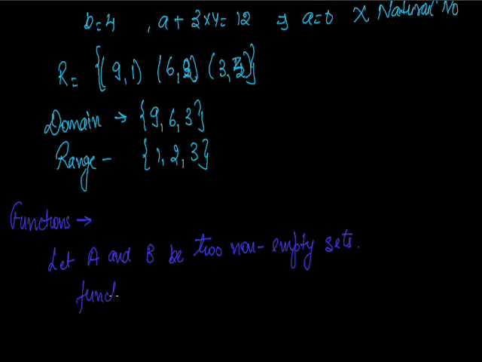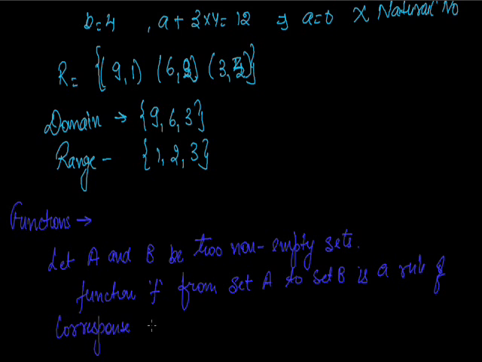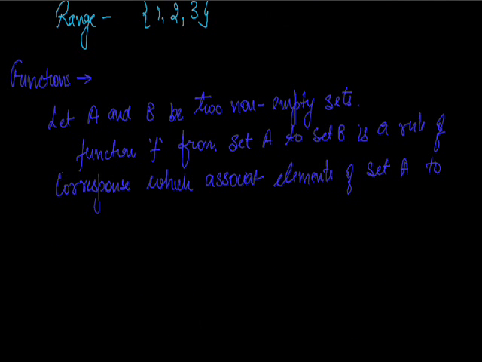A function f from set A to set B is a rule of correspondence which associates elements of set A to elements of set B. First point is, all elements of set A are associated to elements of set B. Second condition is, an element of set A is associated to a unique element in set B.